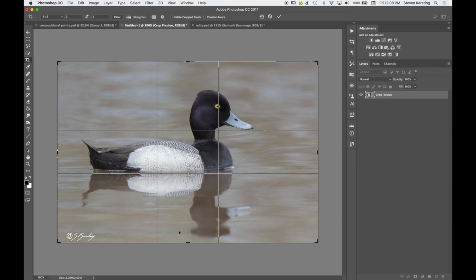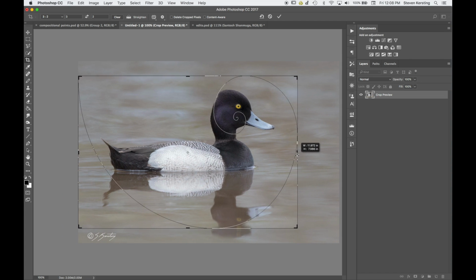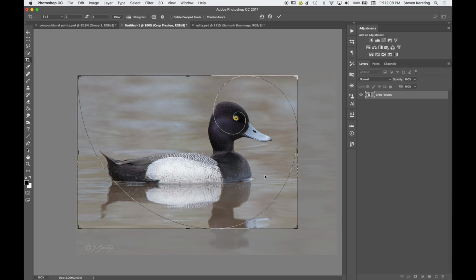But it makes absolutely no sense for me to apply a rule like the golden spiral to this image. Here I've placed the point of focus at the golden spiral point of focus.